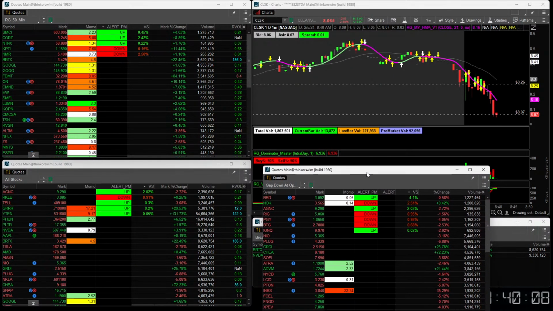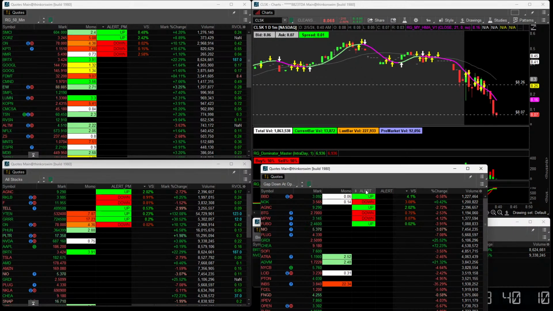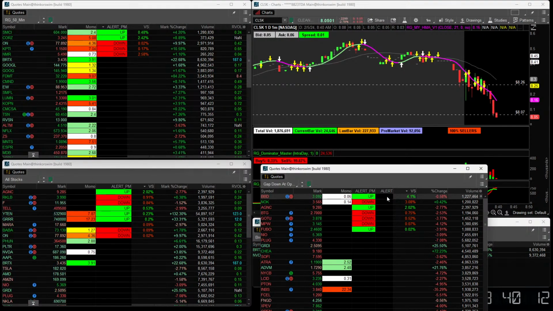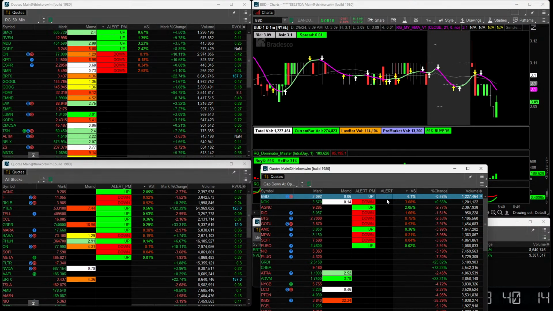So I'm looking at the gap down at open scan. You can load that one as well. And I'm seeing if there's a bottom bounce play somewhere.